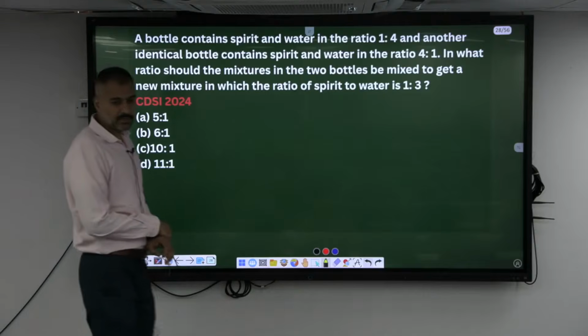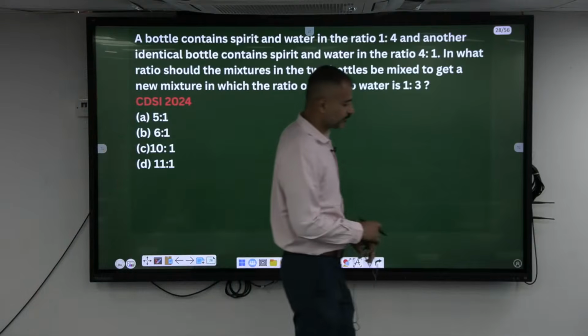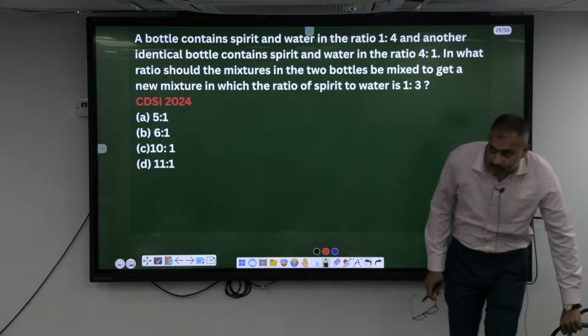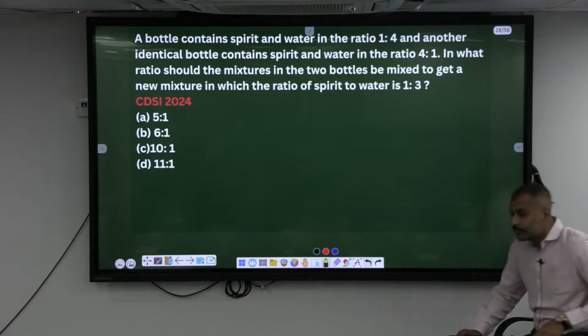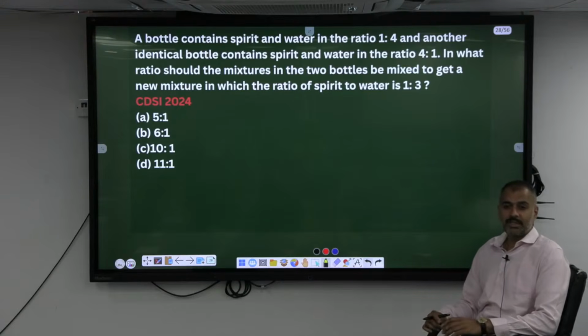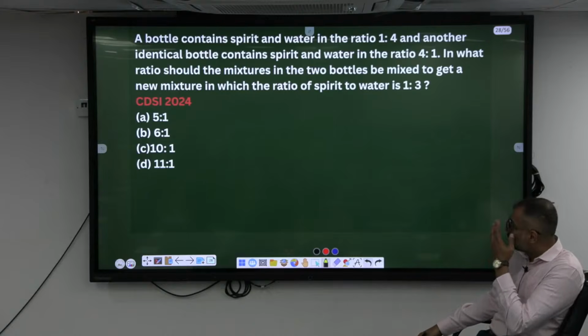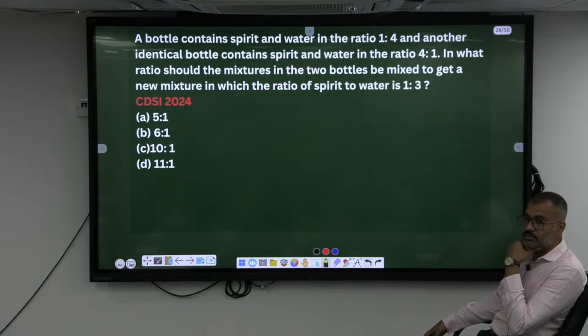Can apply the alligation. When you are mixing, always water mixes with water, milk mixes with milk. Yeah, the spirit mixes with spirit.